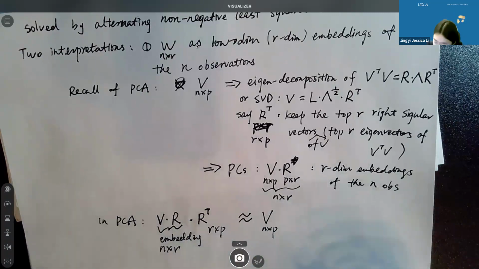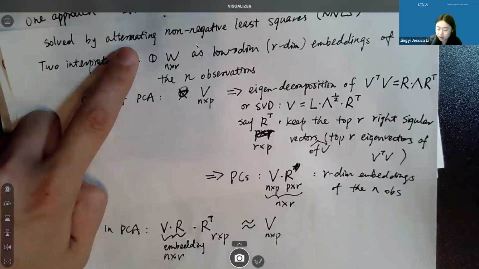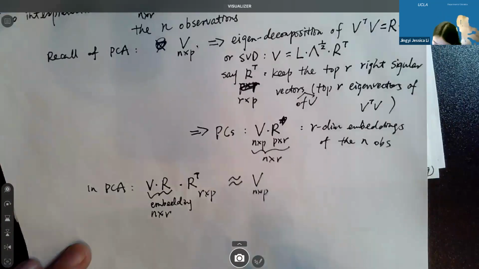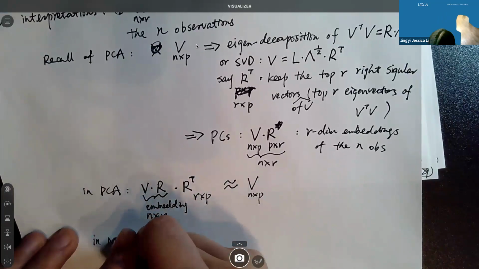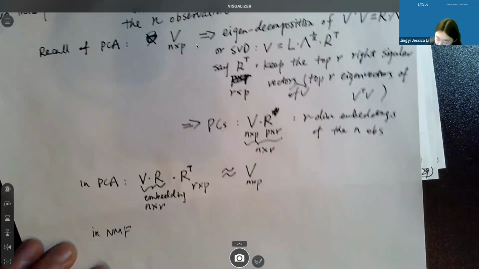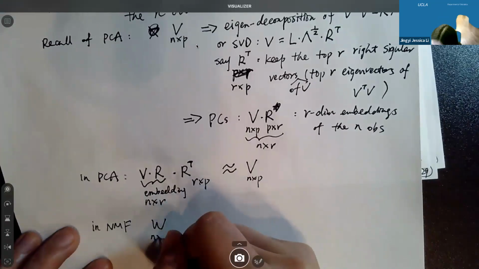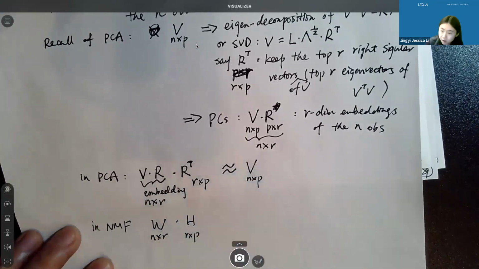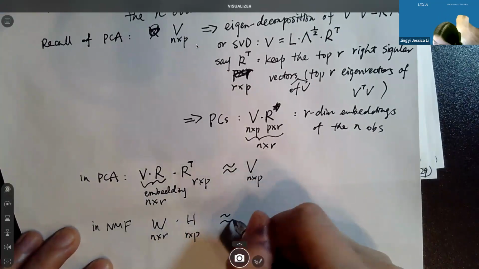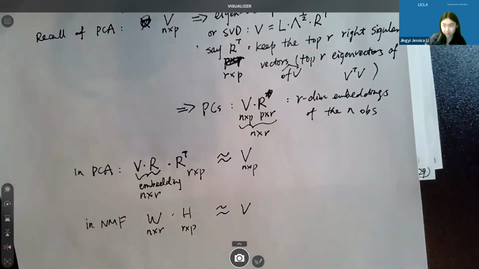But now if you compare this to NMF, in contrast, in NMF what we try to do is that this W, which is N by R, and H, which is R by P, we also want them to approximate V. So you see the dimensions are completely matched.